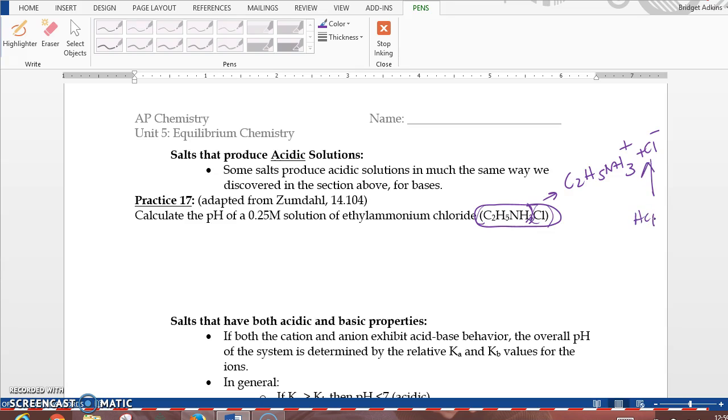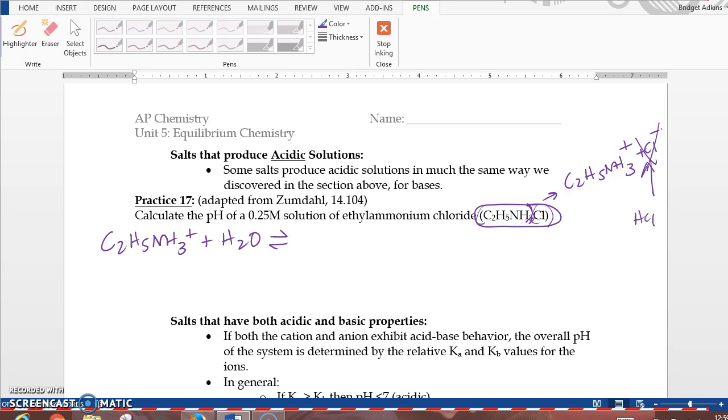So is it going to hydrolyze? Absolutely not, because it came from a strong. But this guy can hydrolyze. So the most important part is writing this solution out. So C2H5NH3 plus, and hydrolyze just means interacts with water. So it's going to interact with water.